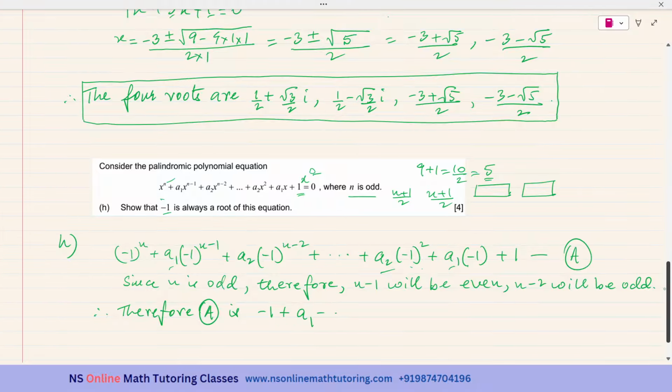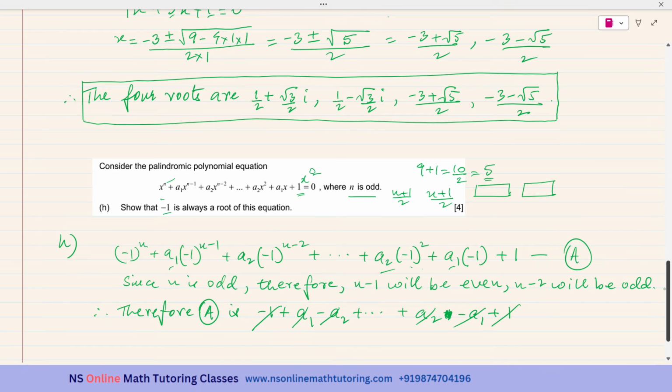So it will be minus a2, and plus dot dot dot plus a2 times minus 1 whole square is plus 1, sorry, not plus, minus, and plus 1. These two will be cancelling, these two will be cancelling, these two will be cancelling.